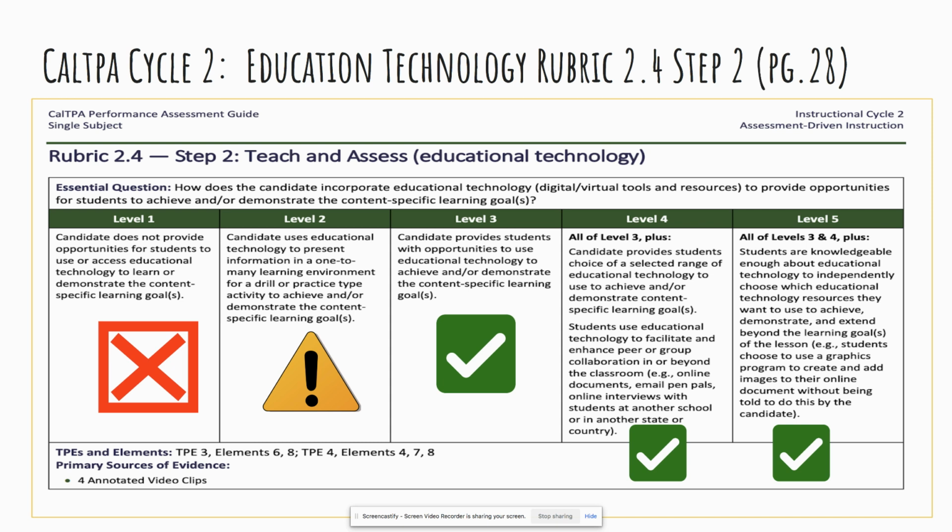If you want to try to reach for a level 4, then the keyword here is choice. Students are going to be able to choose the education technology that they want to select to achieve a demonstrated content-specific learning goal.